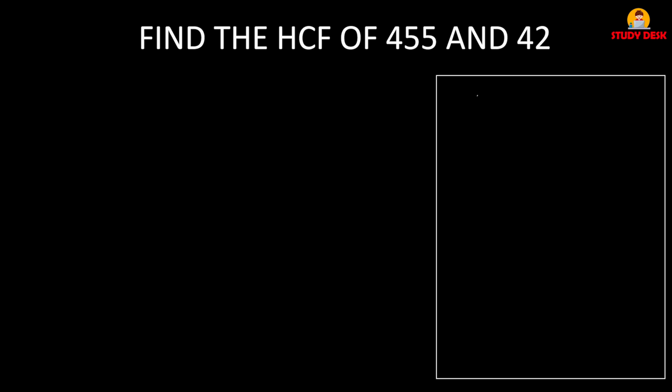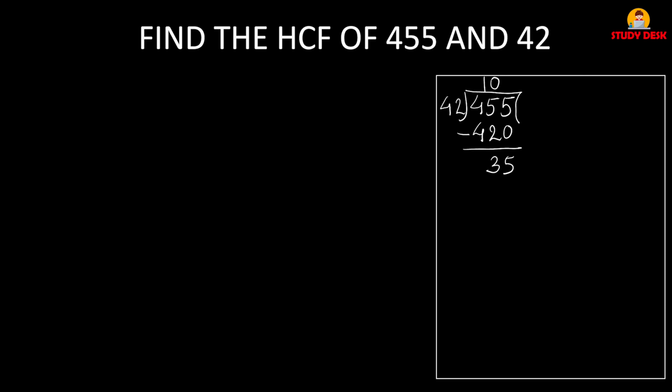So therefore we will take 455 as our dividend and we will try to divide it by 42. On division we will get 10 as our quotient. So we will write down 42 into 10, that would be 420 here. On subtracting we will get a remainder of 35 here.